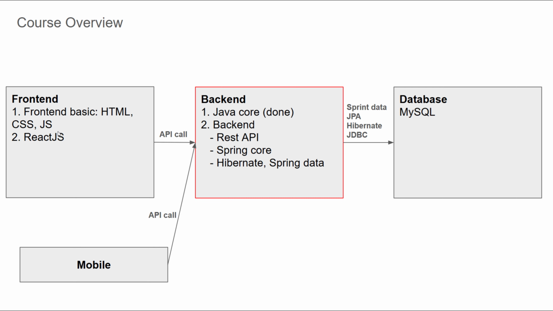We started with the essential HTML, CSS, and JavaScript in the front end basics, and for React.js we will go deeper, a modern library for building dynamic single page applications. If you haven't watched this video, you can go to the next video. I will create the React.js in the same course.